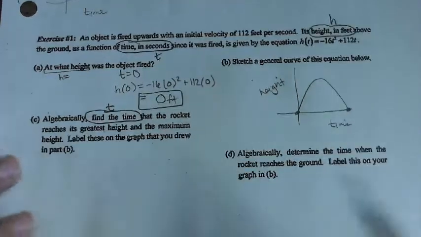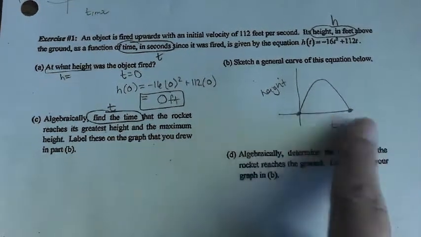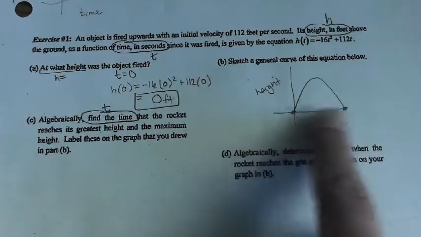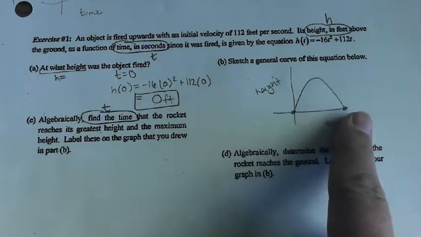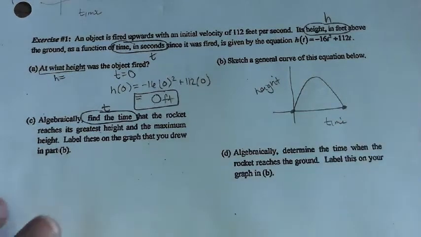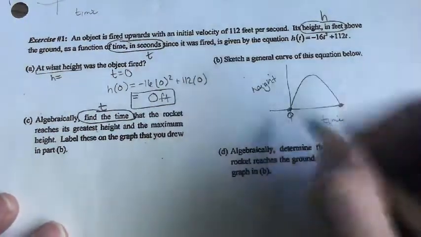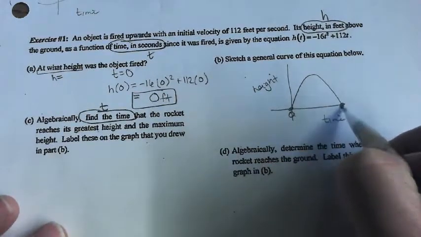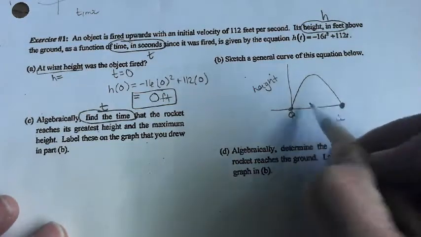Okay, so to find the greatest height, where is that going to be relative to your roots? In the middle, exactly. So we obviously know that it starts on the ground at 0 seconds. If we find this other point, we can go halfway in between.